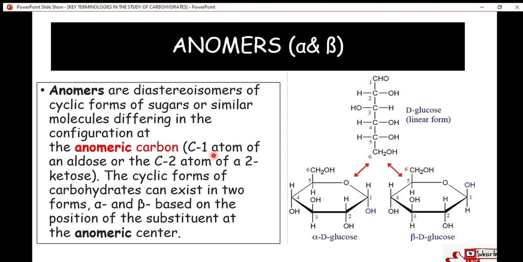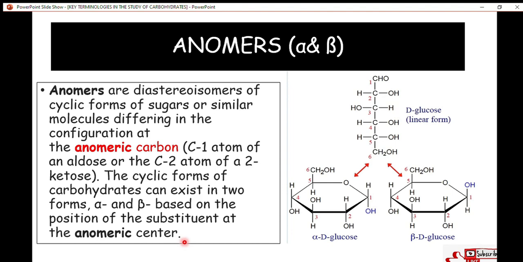Okay, so when we talk about anomers in the simplest form, we have an alpha anomer and a beta anomer. The cyclic form of carbohydrates can exist in 2 forms, the alpha form and the beta form, and these are based on the position of the substituent at the anomeric center.